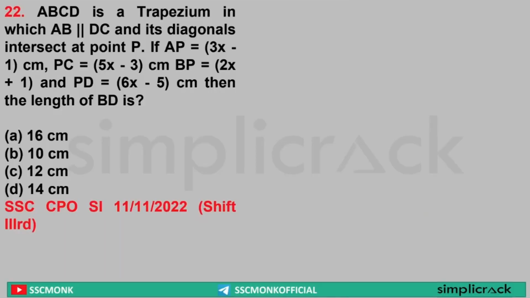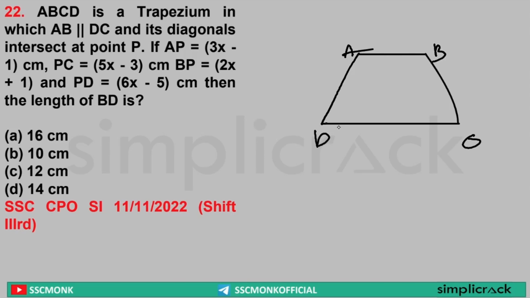Next. ABCD is a trapezium. AB parallel to DC. So AB parallel to DC, diagonals intersect at point P. Okay. AP is 3x minus 1. PC is 5x minus 3.